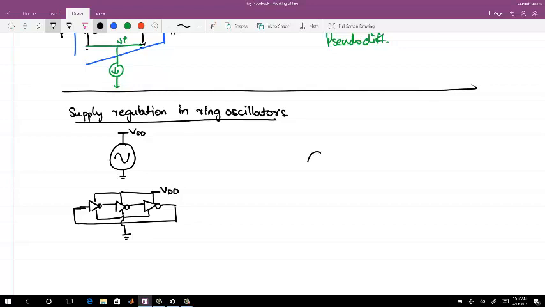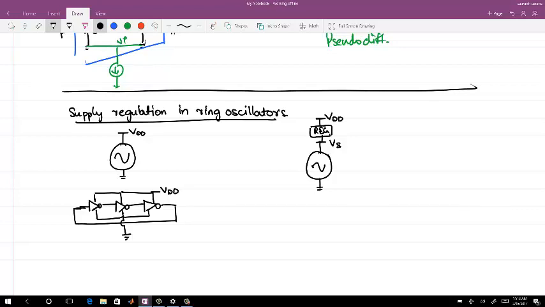So I have the VCO, and right now I call this supply VS, and there is something in between the real supply VDD. I have to put something here. From here to here is the part of the regulation which we need to study, right?